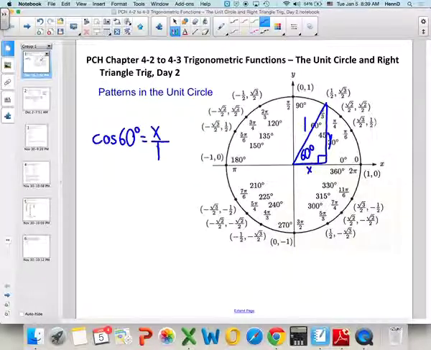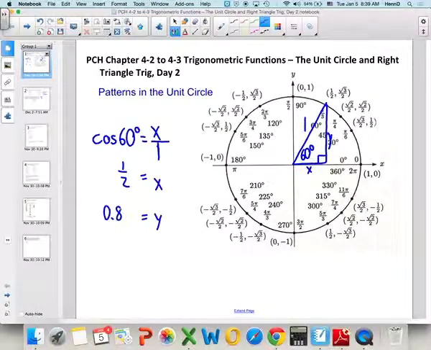Now, obviously, x over 1 is just x, and then you type in cosine of 60 degrees into your calculator, and you get 1/2. Then, I told you, if you use sine to find y, you would have gotten like a 0.866.